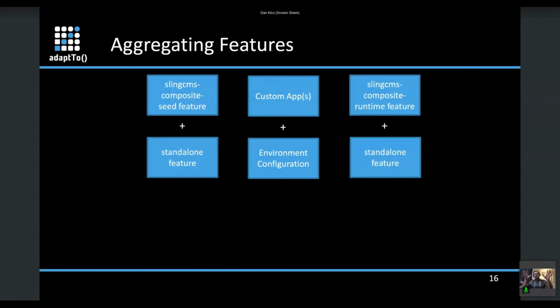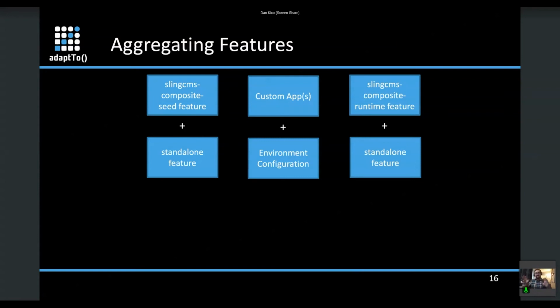Then I take the out-of-the-box features that come with Sling CMS. So there's a composite seed feature that starts up a unified mount, and then there's composite runtime that has that composite configuration already configured in it correctly to pick up your immutable and your mutable mount.